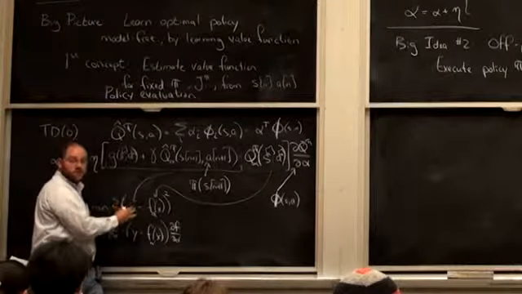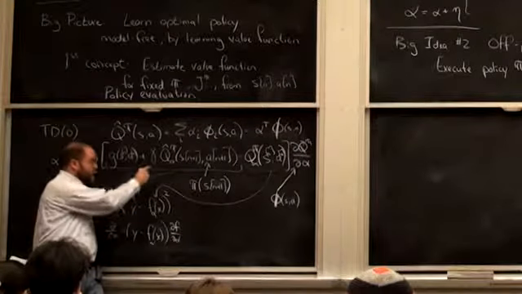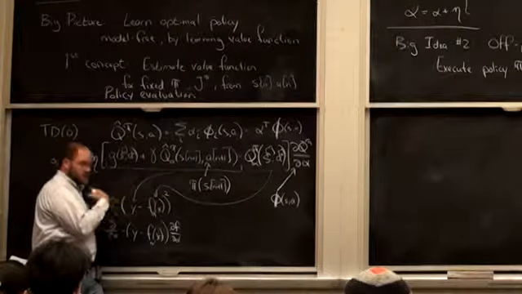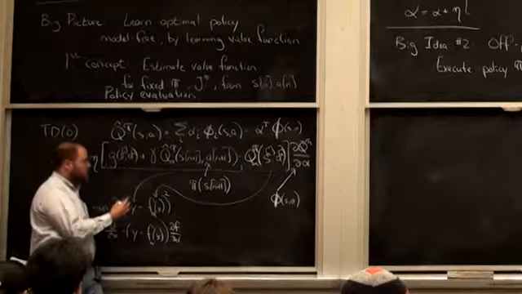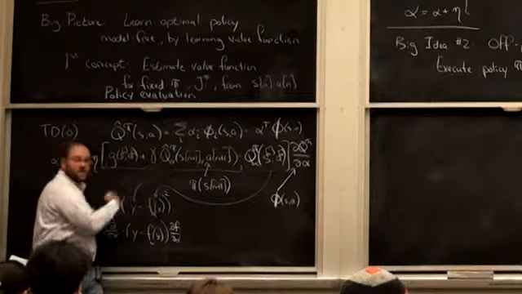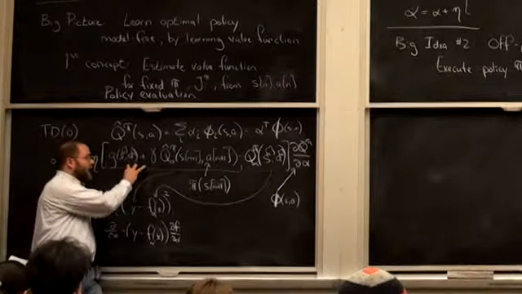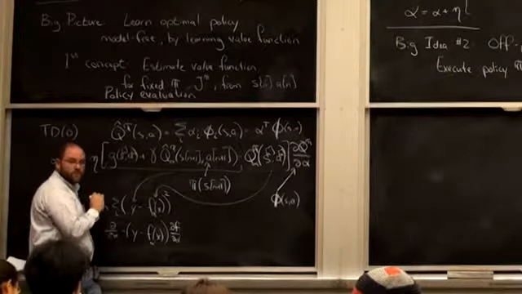It doesn't do the bootstrap. So if you start including that, you do get a least squares algorithm, but it's effectively doing Monte Carlo. You have to sort of ignore that to do the temporal difference. You're actually saying, I'm going to believe this estimate in order to do that.